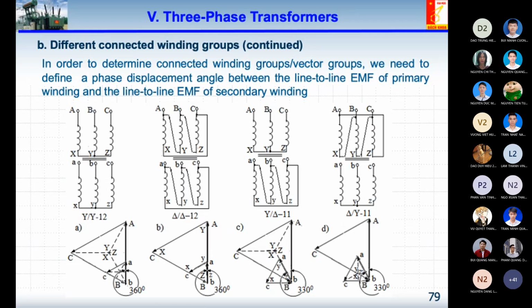And of course, when you do the midterm or the final exam, they will ask you to put the number like this. If you look at the diagram of the winding, and the primary winding and the secondary winding are different types of connection, it means that the number you put here must be the dimensional one, which can be 11 or 9 or 7 or 5 or 1.